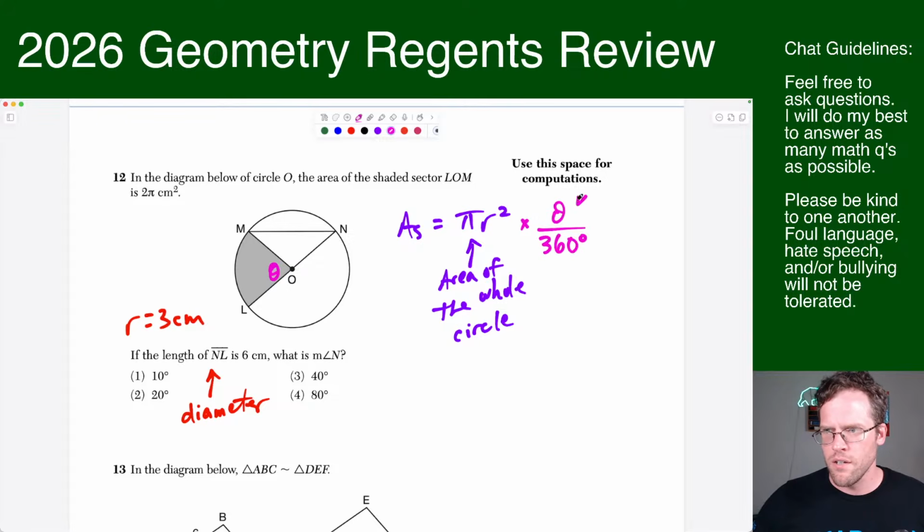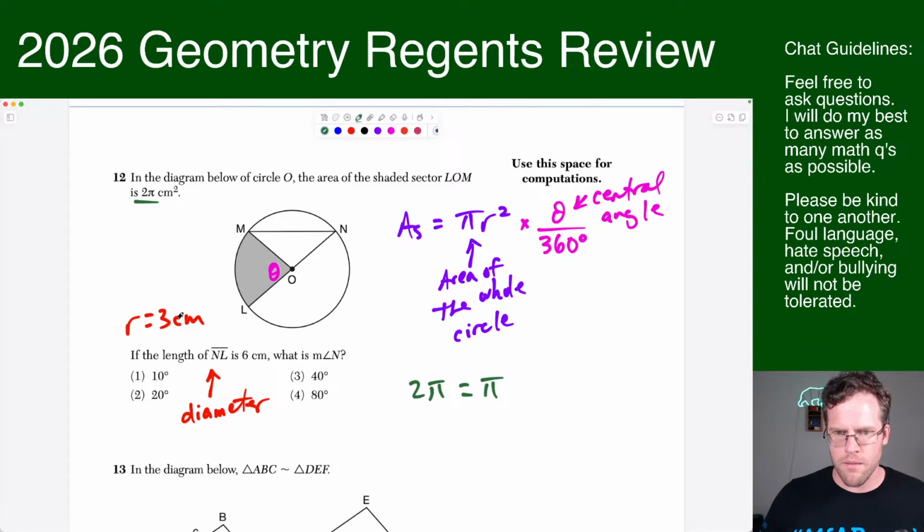And this is the central angle. Okay, so now I just start solving. They told us that the area of the sector was 2 pi. So I could say 2 pi equals pi times the radius, 3 squared, times angle over 360. I'll write units at the end.